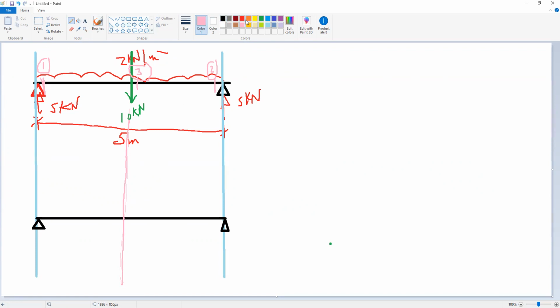Again, this section divides the beam into two parts, one from the left and one from the right. It is easier to go from the left because we have almost nothing here, only one load, which is 5 kilonewton. Do you know what is the moment at section 1? We are drawing the bending moment diagram. Do you know, Kamel or Lynn or Brendan?